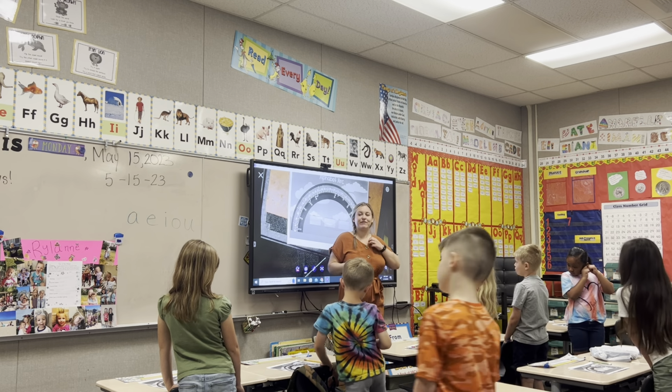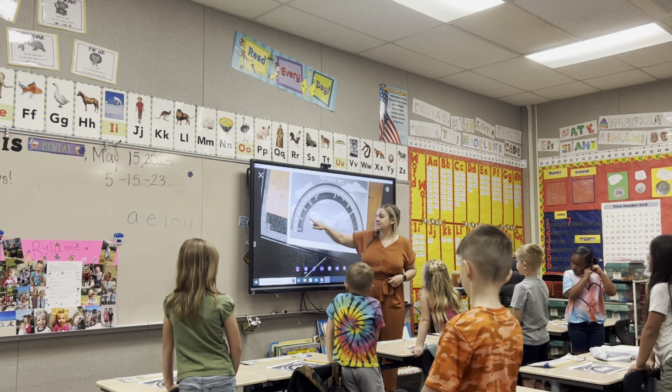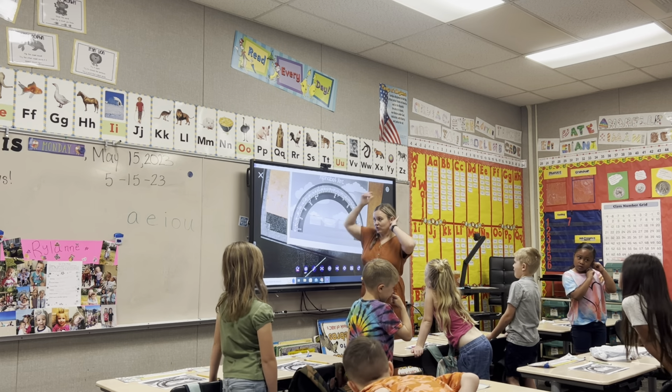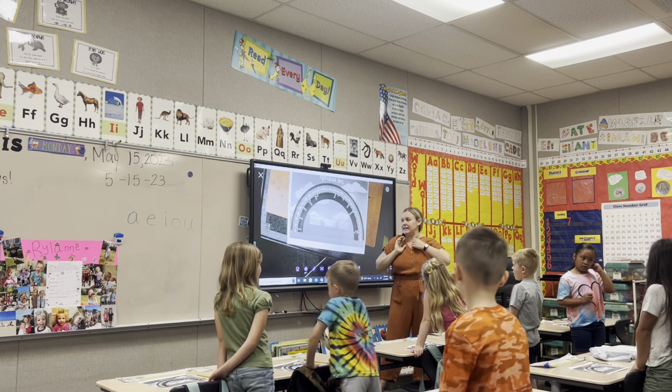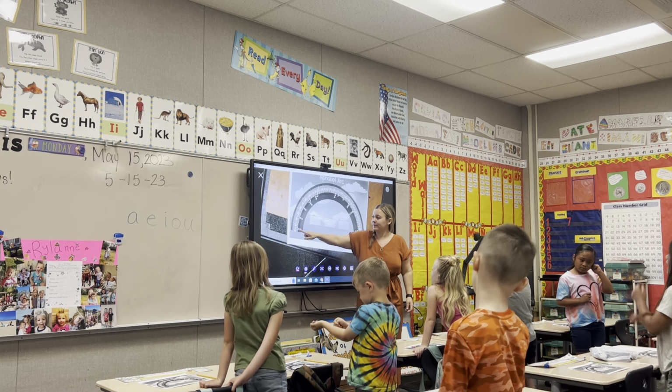Let's do it a little bit faster, and we're going to add in the C, that soft C you can say like race. Race is R-A-C-E, even though it sounds like an S. All right, here we go. Ready?